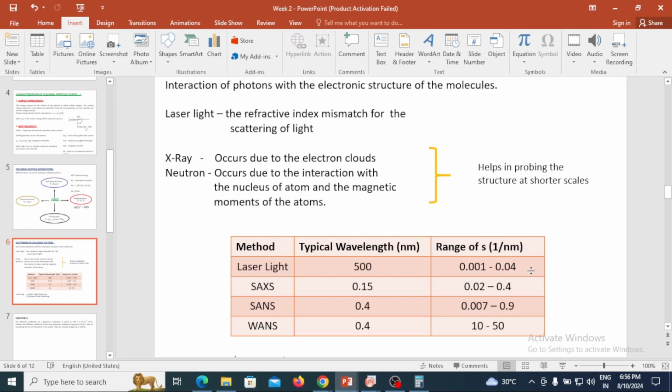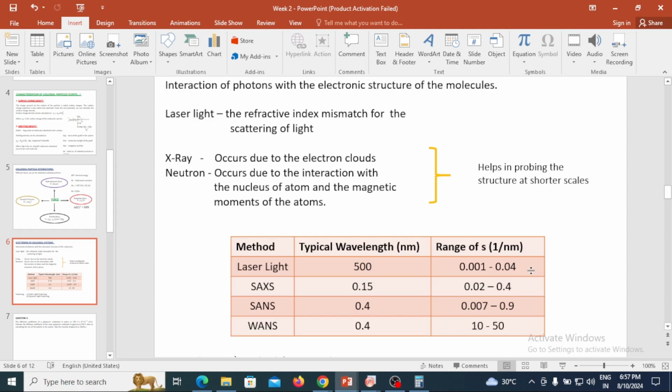But when you take it to X-ray scattering or neutron scattering, their wavelengths are very short, 0.15 and 0.4, very short compared to laser light, but their penetration depth is very high. For example, for wide angle neutron scattering, it's in the order of 10 to 50, whereas for laser light it's 0.001, which is very little.